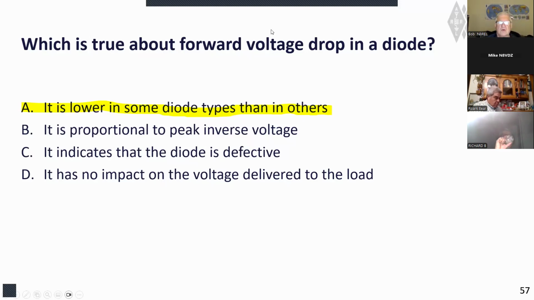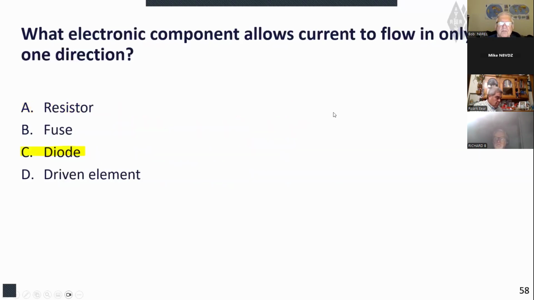Okay, so if you see this question, forward voltage drop in a diode, just remember that it's lower in some types than in others. The common power supply diodes that we use, the 1N4000 series and all that, have something like an 8/10ths of a volt drop.